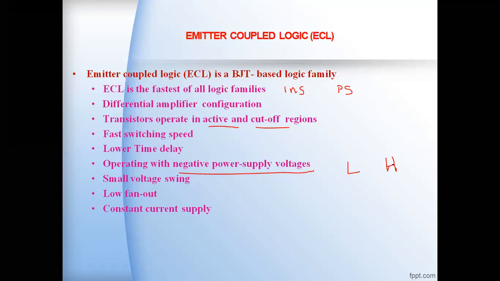From these characteristics, you can find the advantages and the disadvantages of the ECL. The advantage is that it is the fastest of all logic families, it operates in the active and cutoff regions, and it has a fast switching speed and lower time delay. These are the merits of the emitter coupled logic.